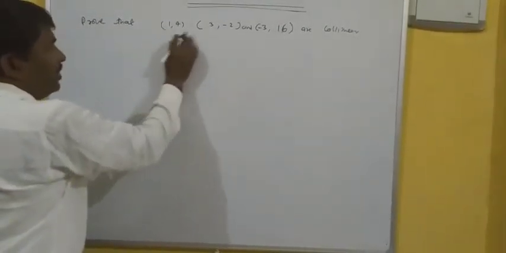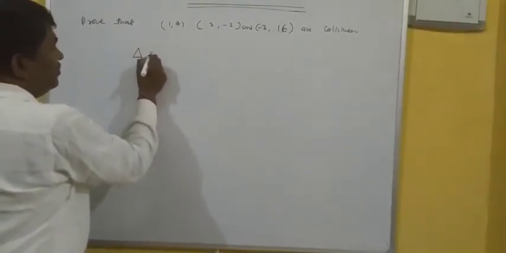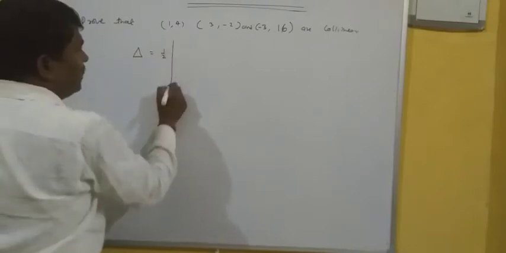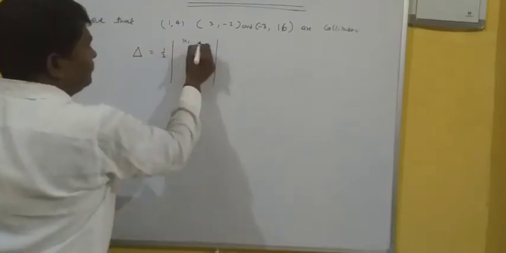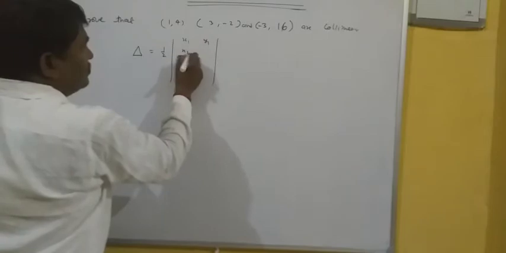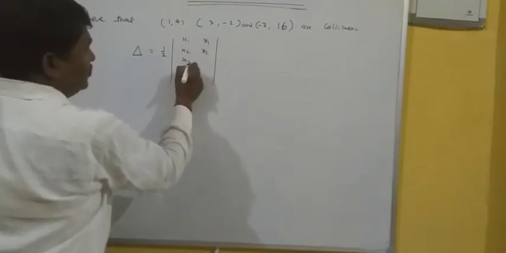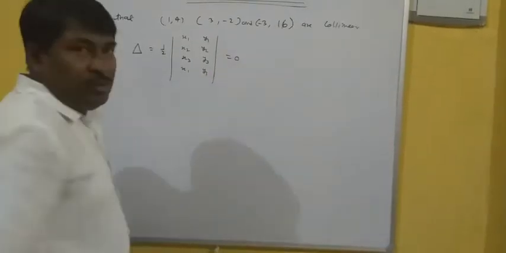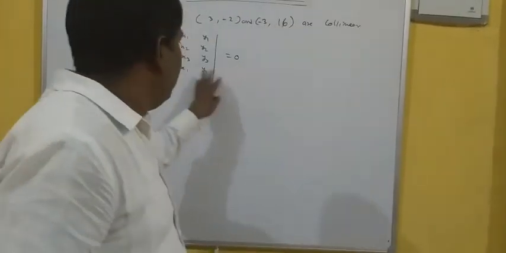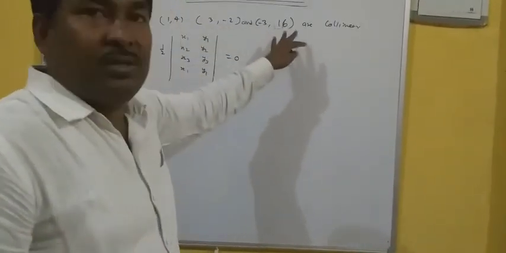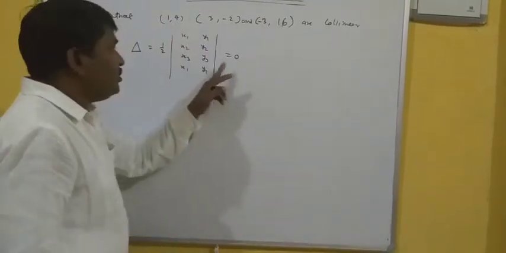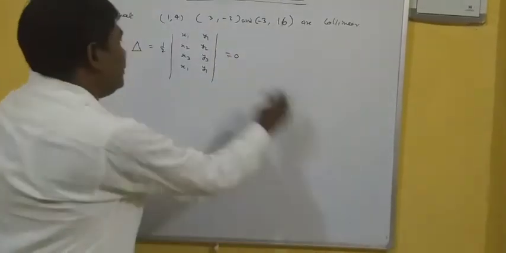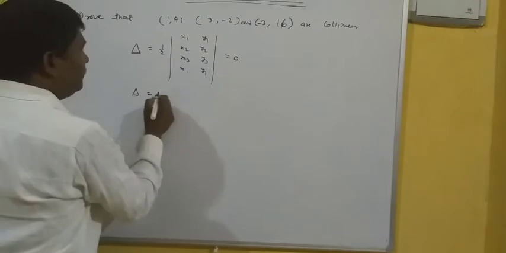Just see. If they are collinear, then area by taking these x3 y3 x1 y1, this should be 0. If you get the value of area by taking these three vertices as 0, it means they are collinear. Let's see area of triangle.